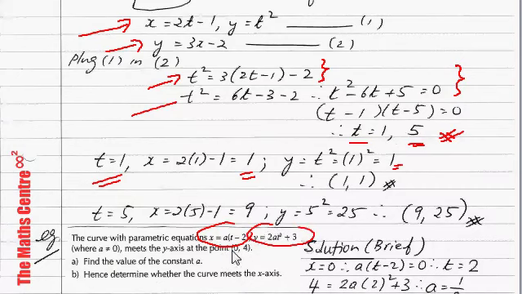That's what you see here. a is not 0, and this curve meets the y-axis at the point (0, 4). And what are we asked to find? We are asked to find the value of the constant a, and hence determine whether the curve meets the x-axis.